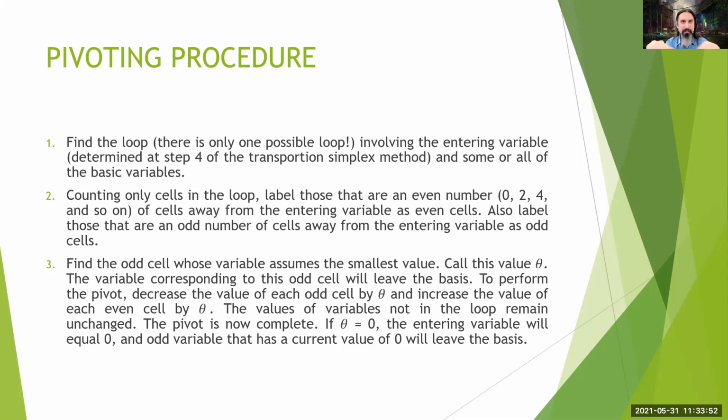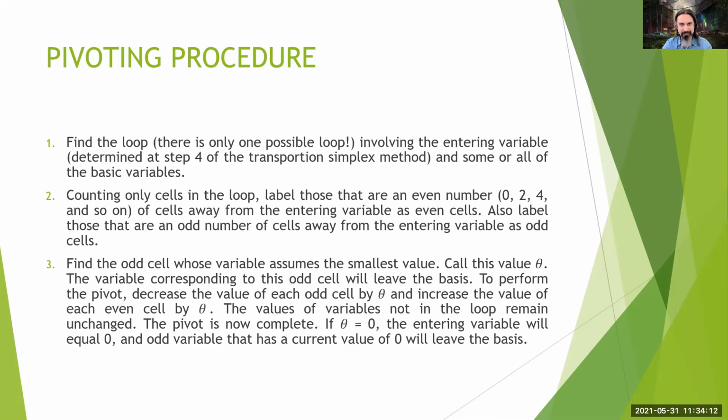So when we count those cells in the loop, which means that only the corner cells, when you, let's say, draw a loop, you may go over basic variables as well, but they will not be part of the loop. To be part of the loop, you have to be on the corner of the loop.